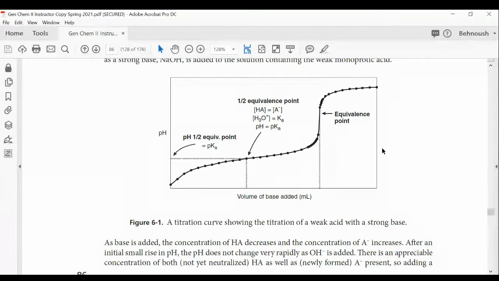What are the steps? What would be your first thing to do? First, you are going to do the titration and plot a graph, the titration graph.